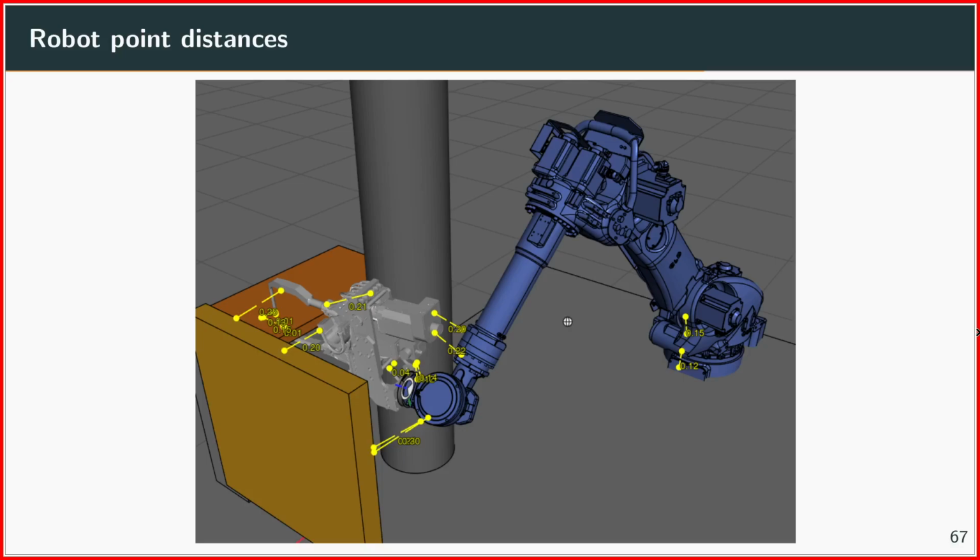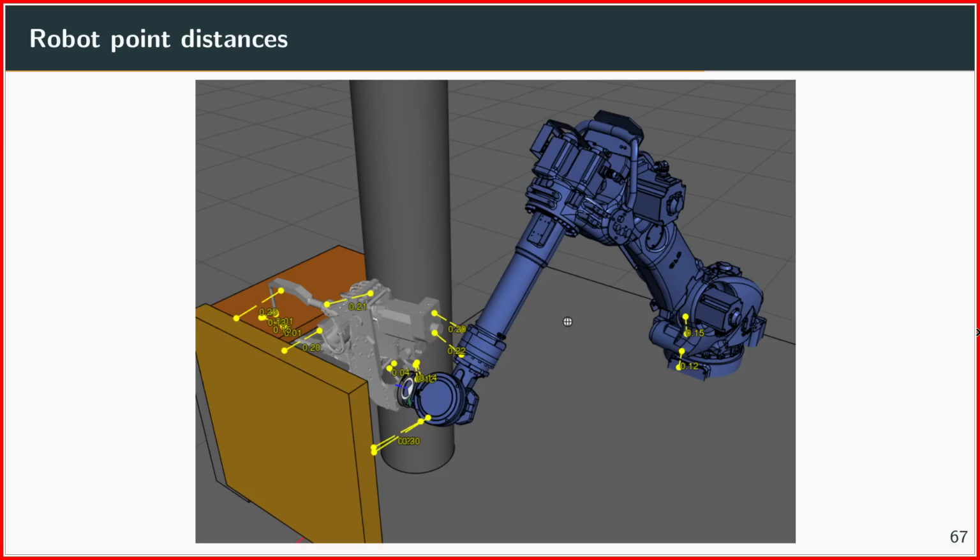For example, if you have a complex manipulator arm with a very specific welding gun at the end, you can see here I draw some points on the robot and some points on the environment, and the yellow line gives you the shortest distance between this robot body and the environment.